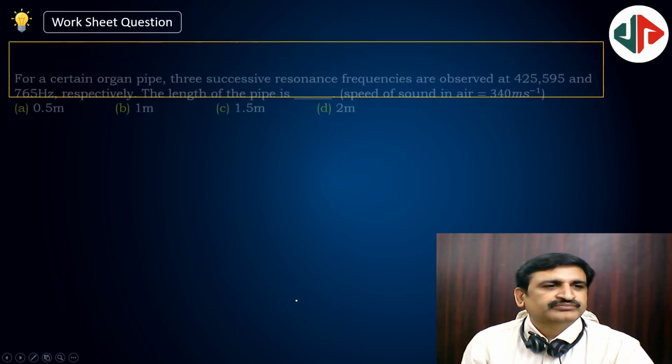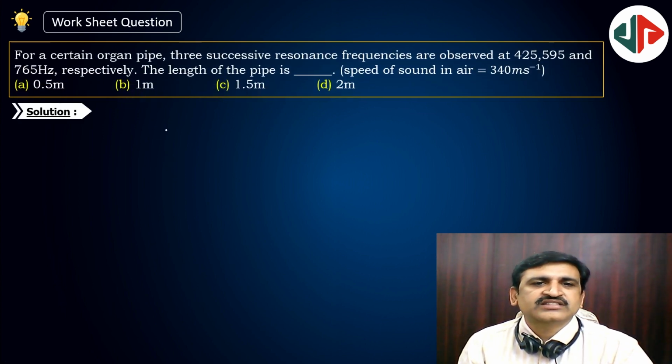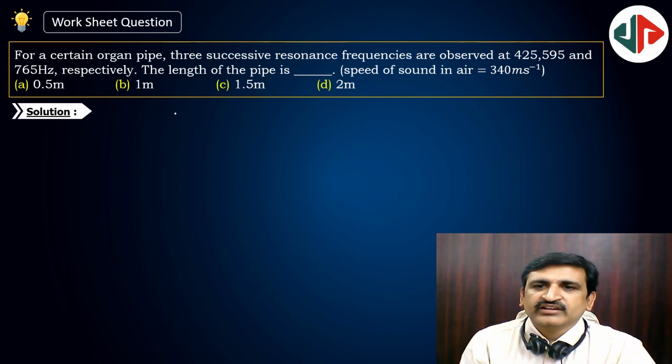Next, for a certain organ pipe, 3 successive resonances are observed at 425, 595 and 765 respectively. The length of the pipe is?